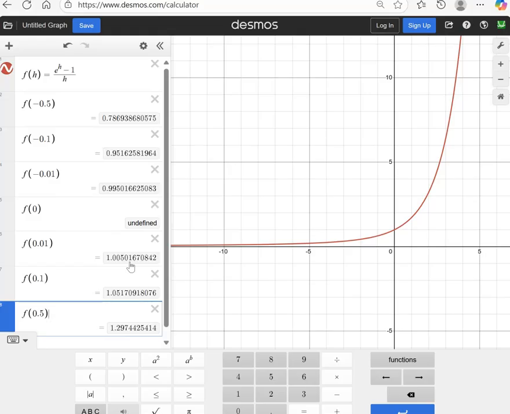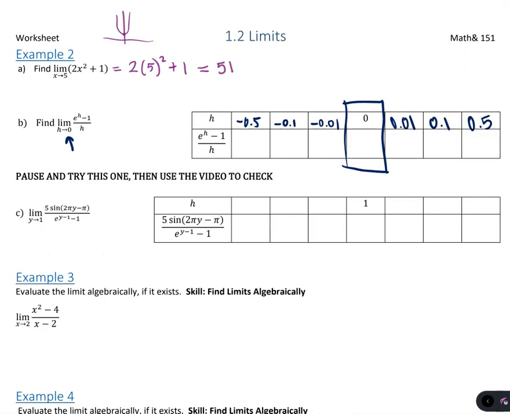So I think from my numerical estimation that my limit is 1. My y values are getting close to 1 as my x values get close to 0. For evidence of this, you would just jot down your table, and I am going to be lazy and just let you look at my Desmos table, but I will say that the value of the limit is 1.